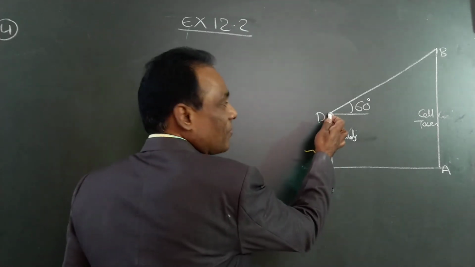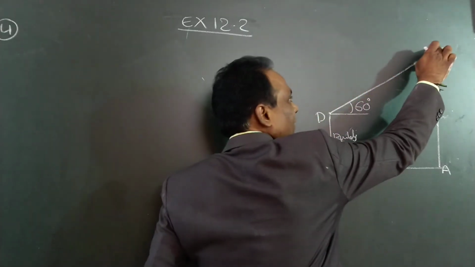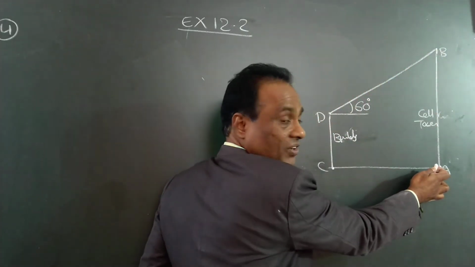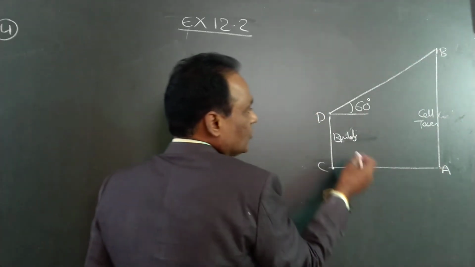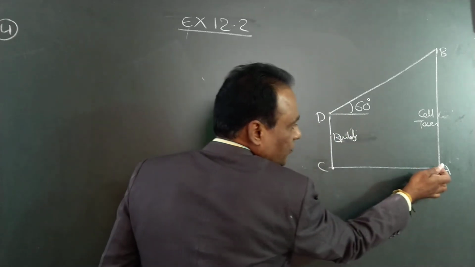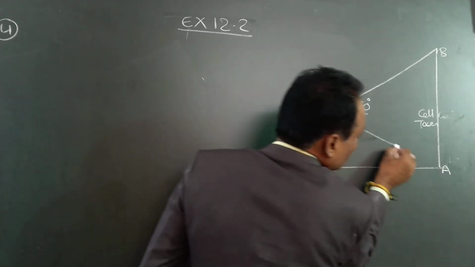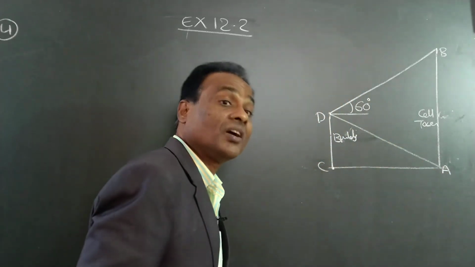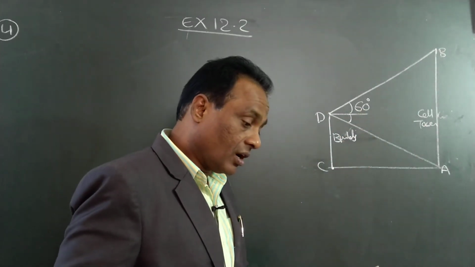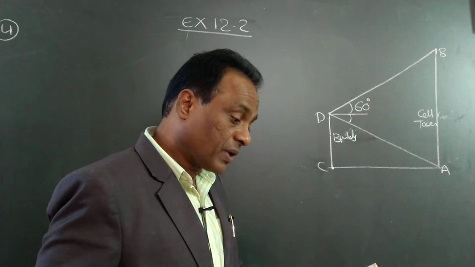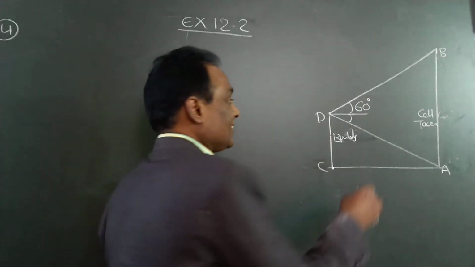So from the same point, we observe the foot of the cell tower. Cell tower is starting from here, here to here it is a cell tower. We observe the foot of the cell tower with angle of depression, angle of depression of its foot is 45 degrees.